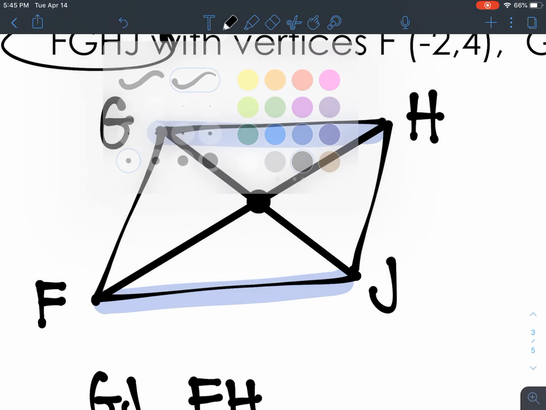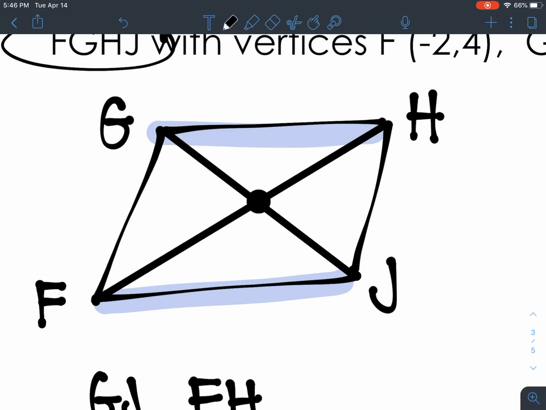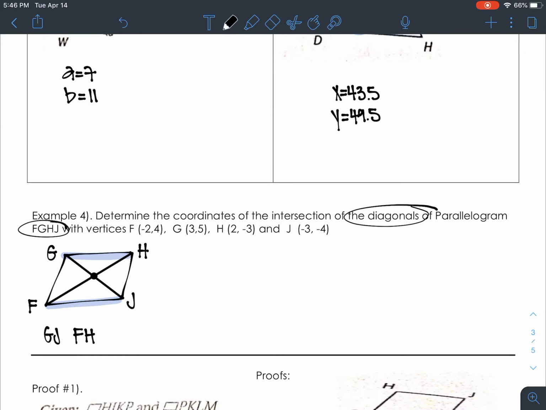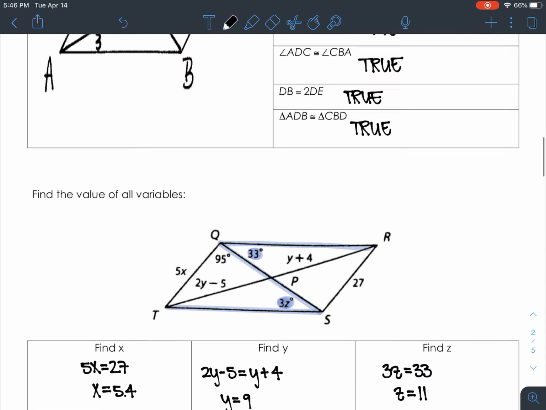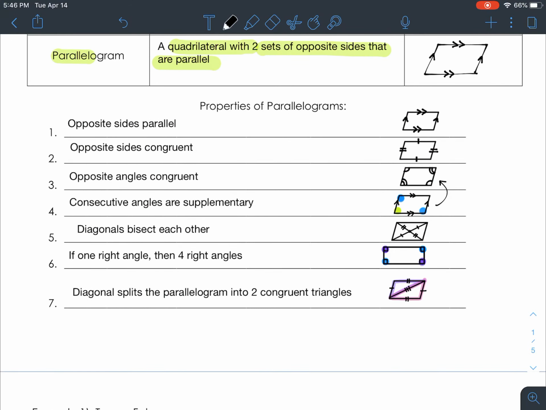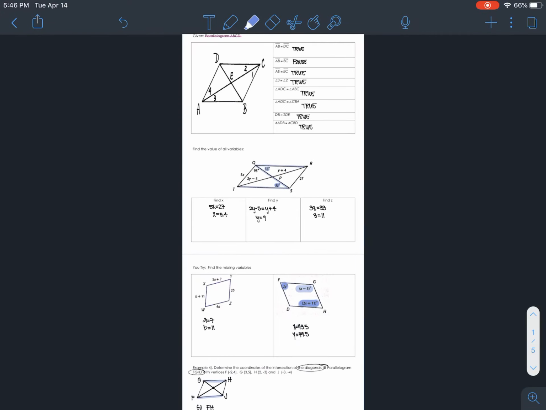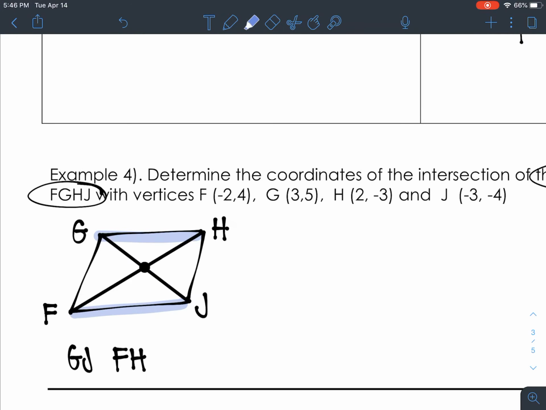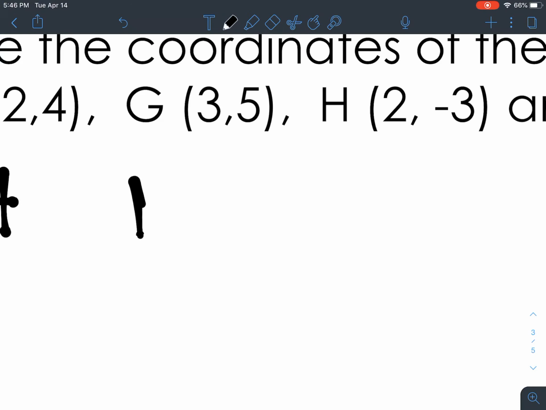So let's go up real quick and talk about what we know about the diagonals of a parallelogram. If we go back up to these properties right here, the diagonals bisect each other, and that's going to be key here. They bisect each other, and what we know about bisecting is that they intersect at the midpoint of the segment.